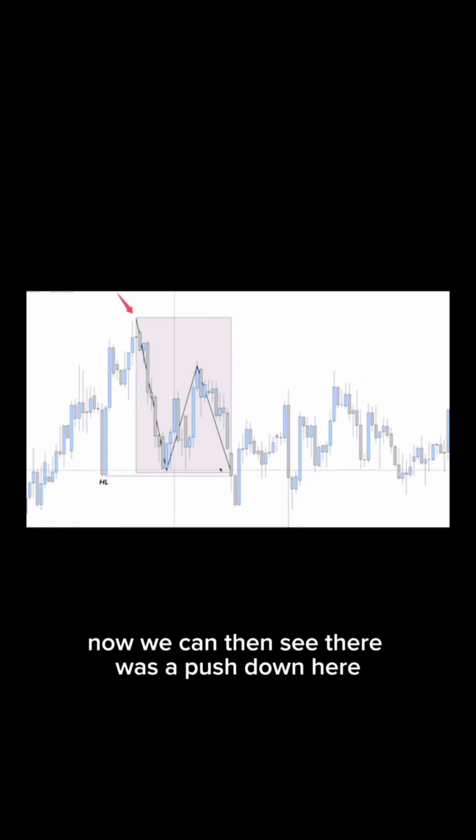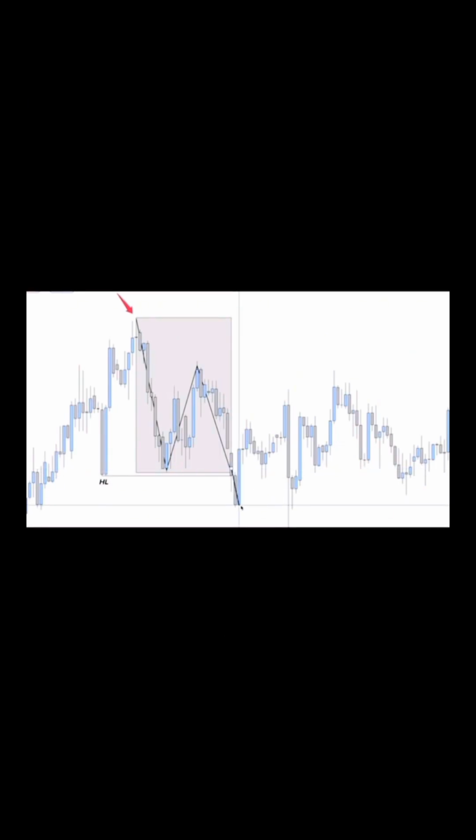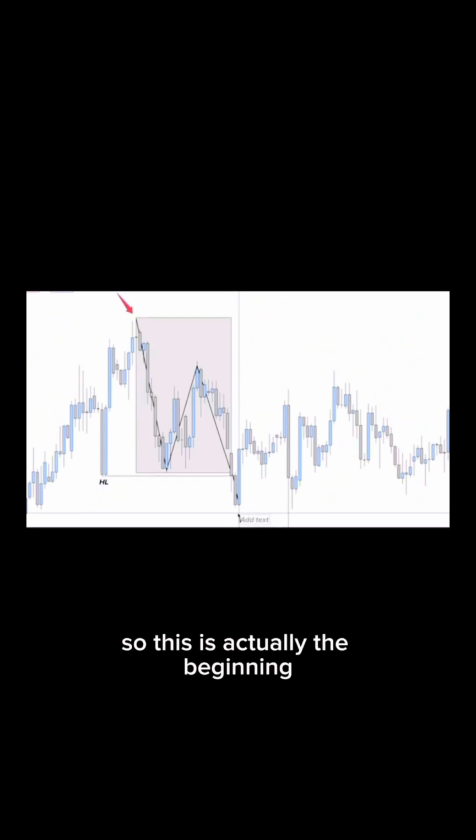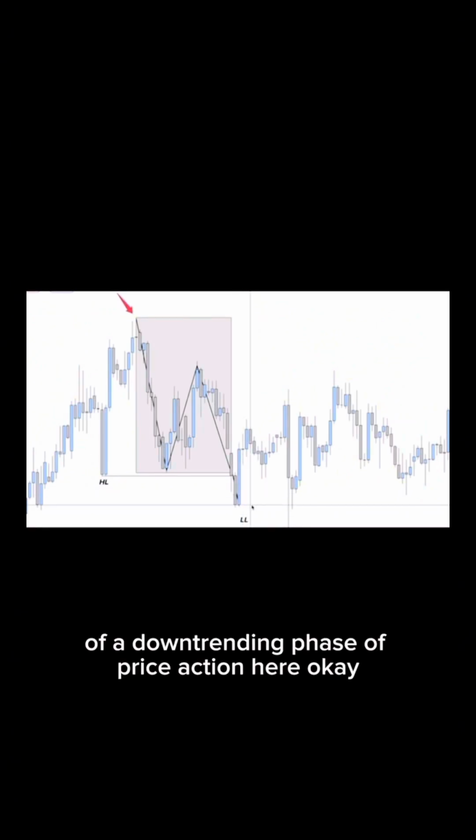Now we can then see there was a push down here. This pushed us through into a lower low. So this is actually the beginning of a downtrending phase of price action here, okay?